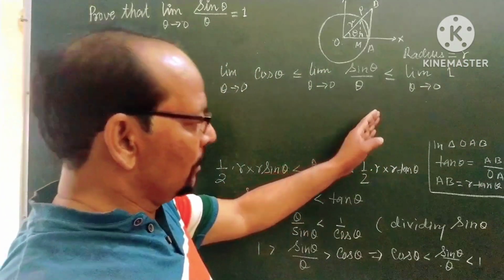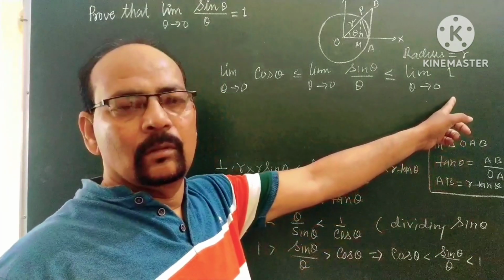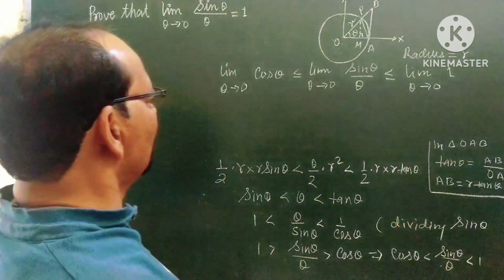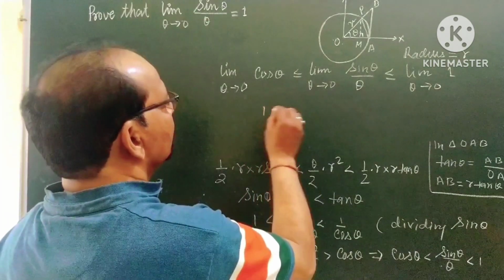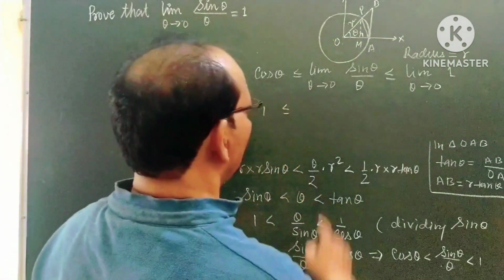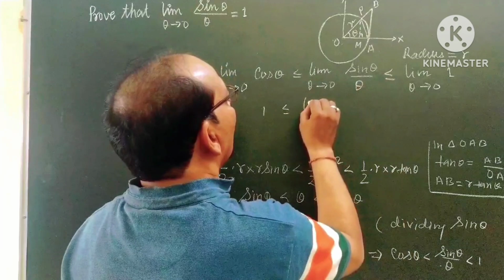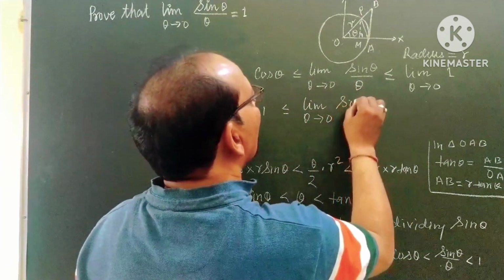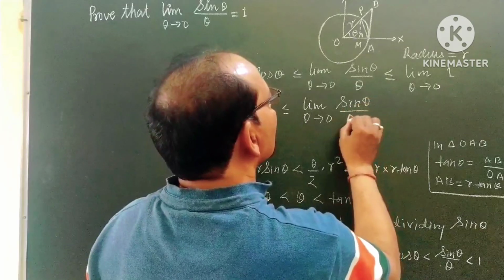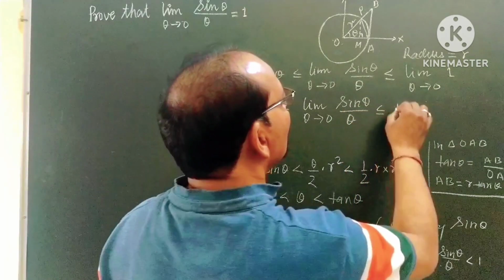Because theta varies 0 to pi by 2, if theta tends to 0, there will be 1 less than or equal to limit theta tends to 0 of sin theta by theta less than or equal to 1.